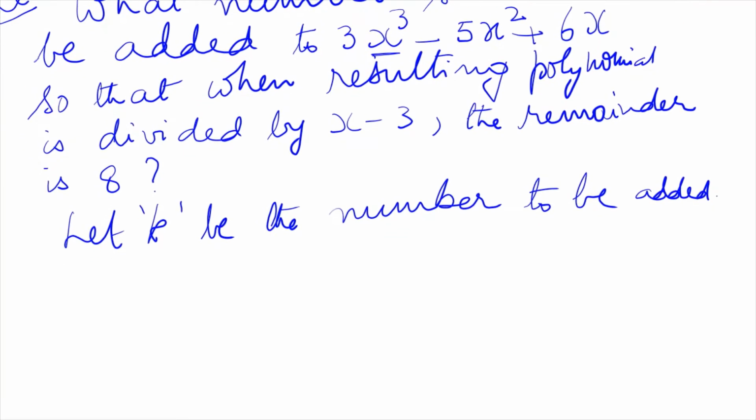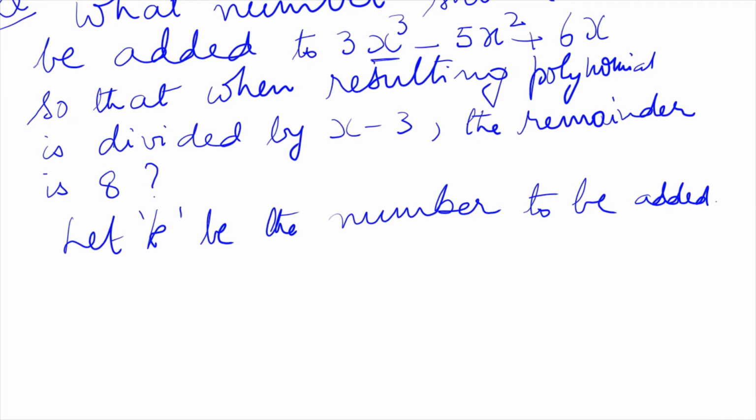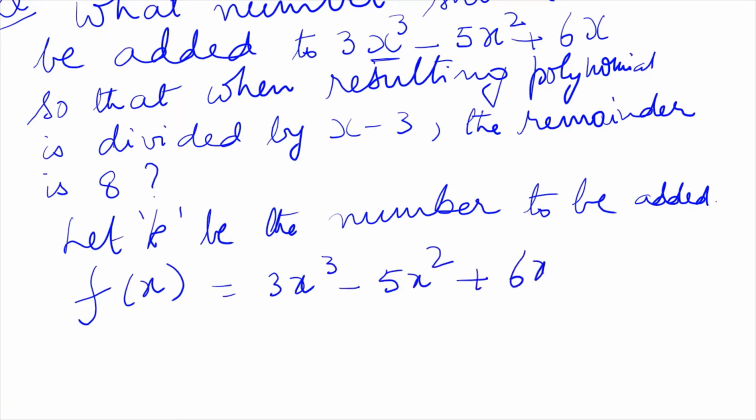Then f(x) becomes the given expression plus k. So f(x) is equal to 3x cube minus 5x square plus 6x plus k.